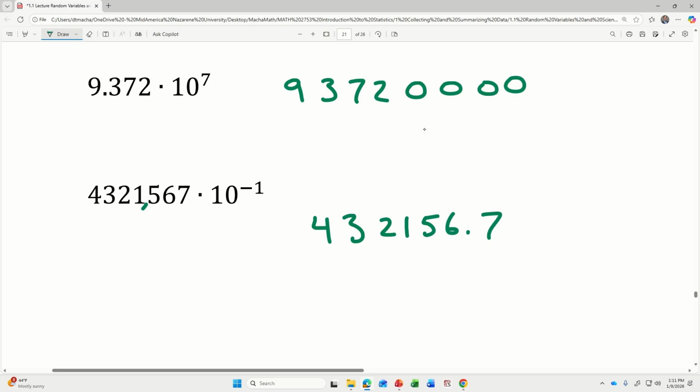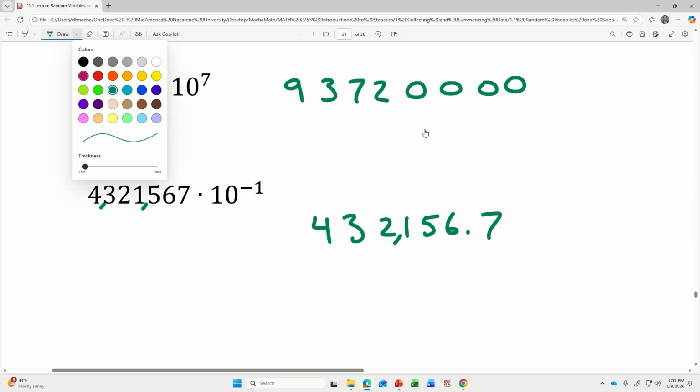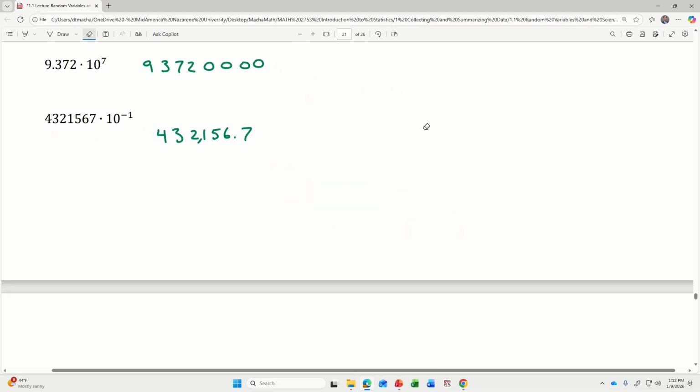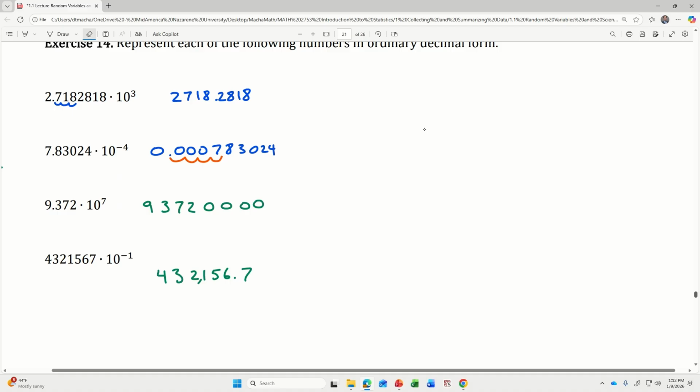But that isn't exact. So instead of 4,321,567, we get 432,156.7. Because all we're doing is we take the decimal and we move it 1 place to the left. Yeah, but didn't you say that for it to be scientific notation, it's supposed to be between the numbers 1 and 10? Oh yeah. So this is not in scientific notation, is it? To start off with.